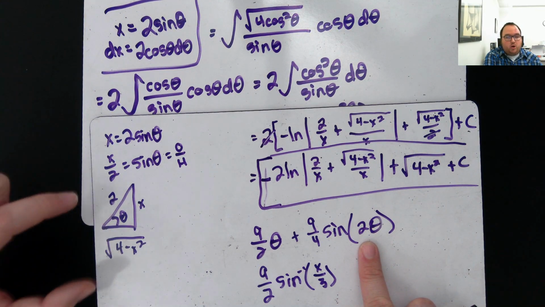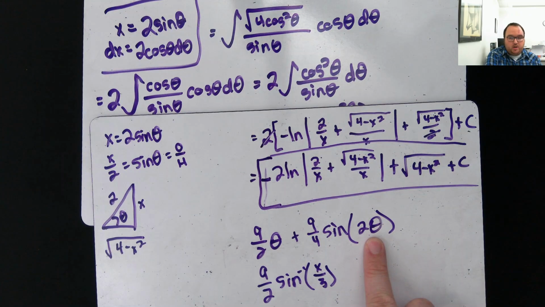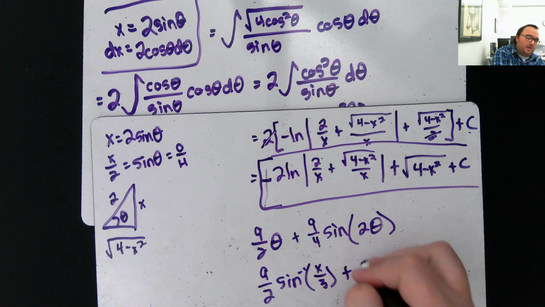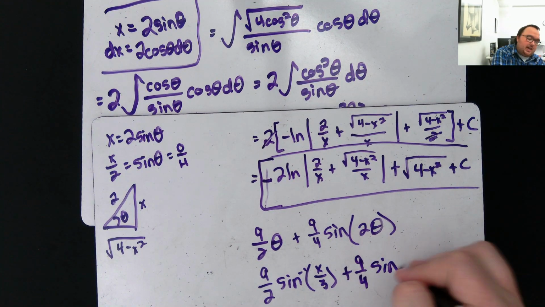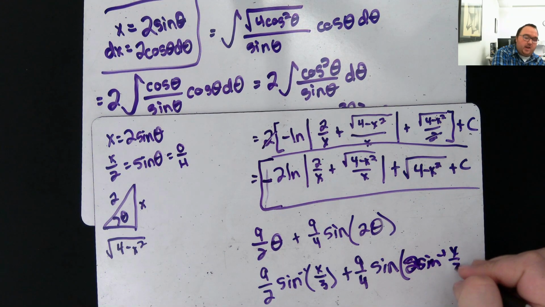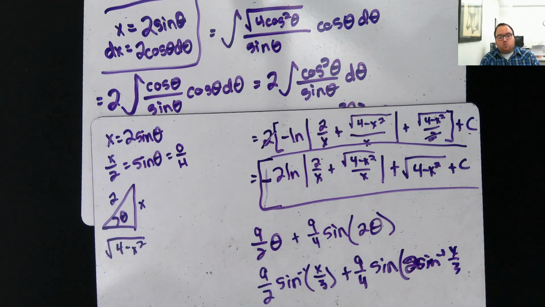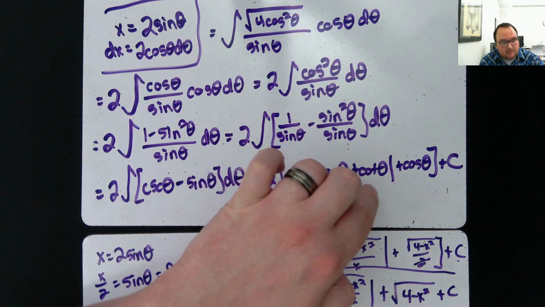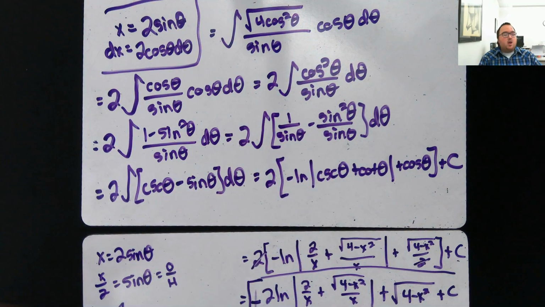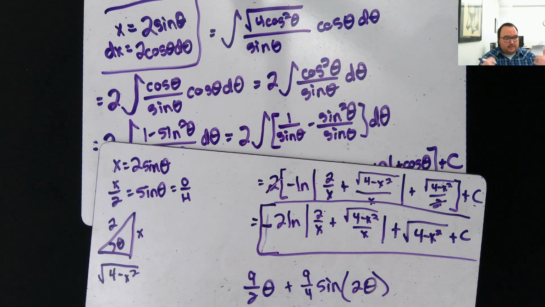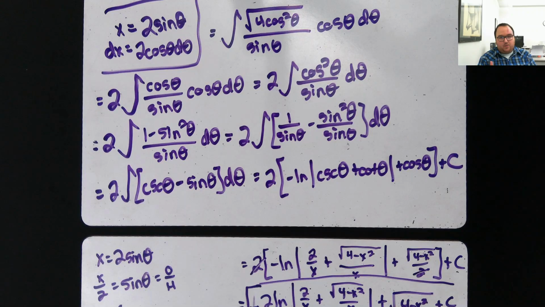So then this rule wouldn't work because it was 2. If there wasn't a 2 there, then I would be fine. But that 2 meant that I would just have to leave it as 2 inverse sine x over 3 and all that stuff. That's why on the last one I didn't. But this one is just saying cosecant of that thing, cotangent of that thing, which I can find using this. If that doesn't make sense, please let me know. I can explain it a different way or whatever would help you out.